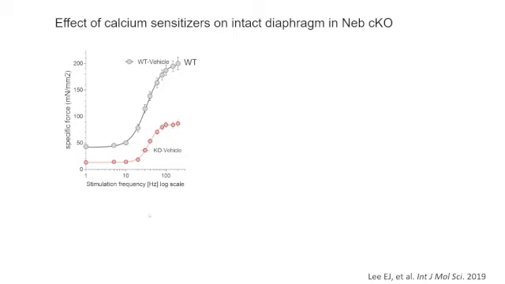But in the presence of tirasemtiv, and my slide is in advance, the conditional knockout diaphragm strips produce clearly increased levels of force, particularly at intermediate stimulation frequencies, which are likely the most important physiological frequencies.